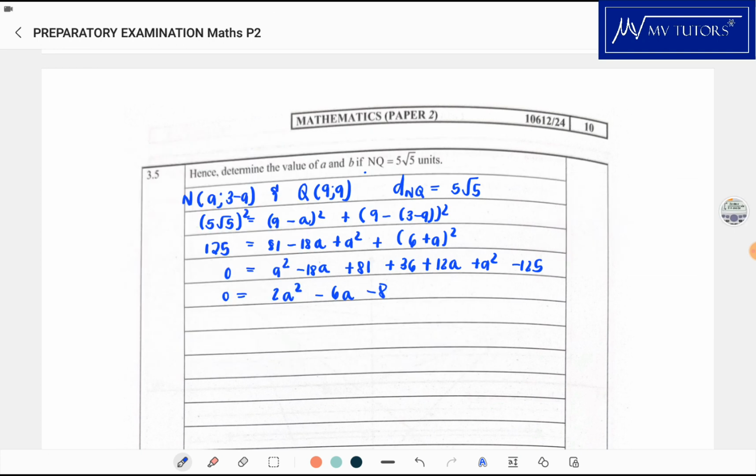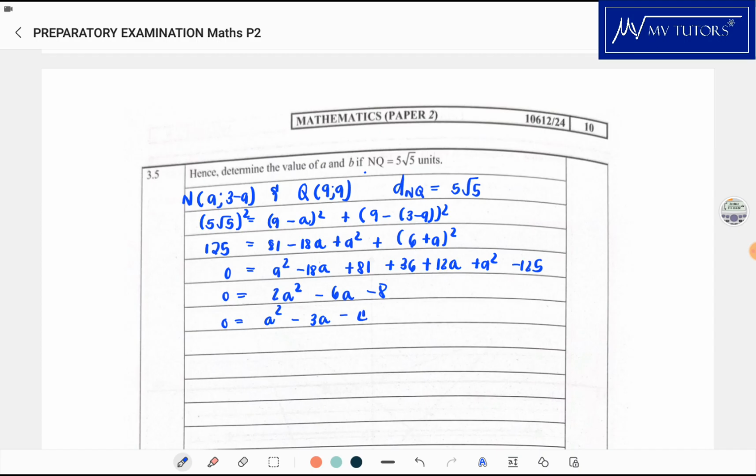I'm going to divide by 2 throughout. So I have A squared minus 3A minus 4.